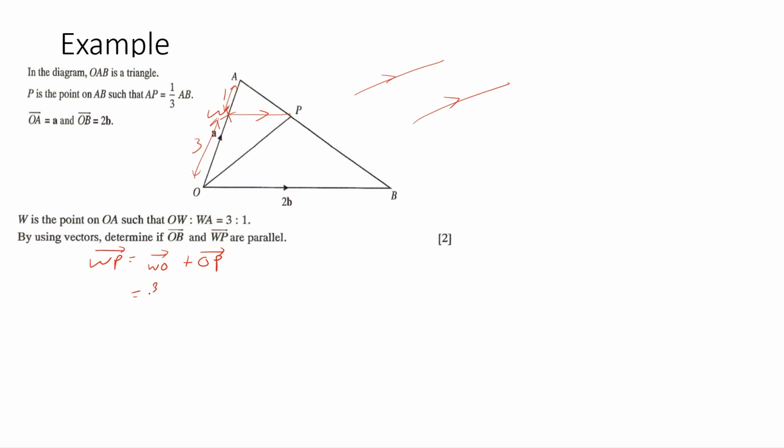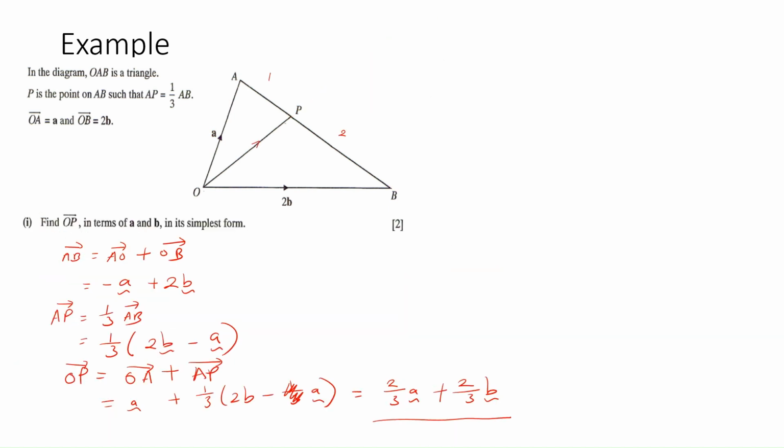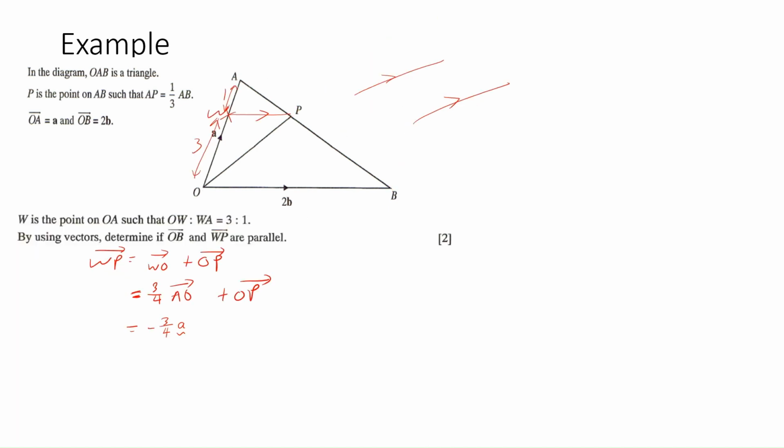WO is 3/4 of AO, plus OP. AO is minus A, so 3/4 of AO is negative 3/4 A. And OP is 2/3 A plus 2/3 B.